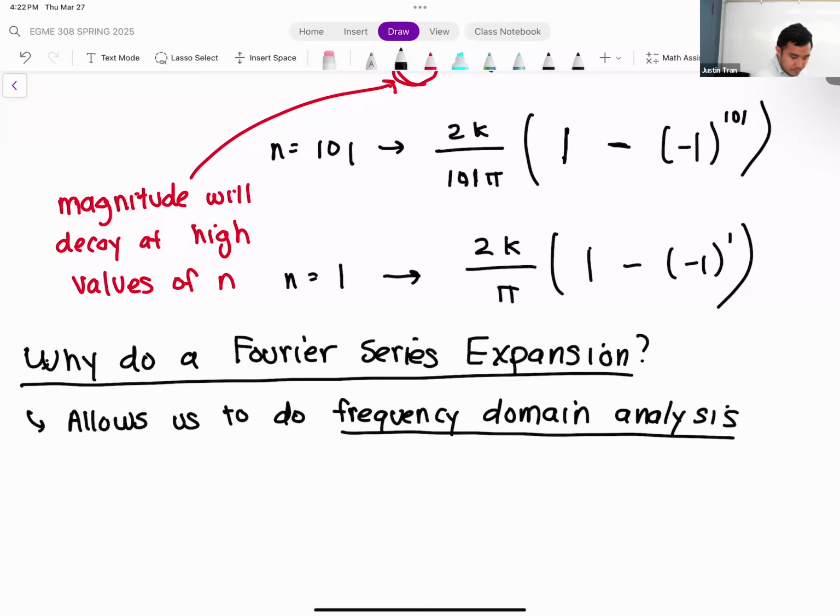In other words, it lets us take a signal and break it down into what are called the fundamental or the component frequencies.